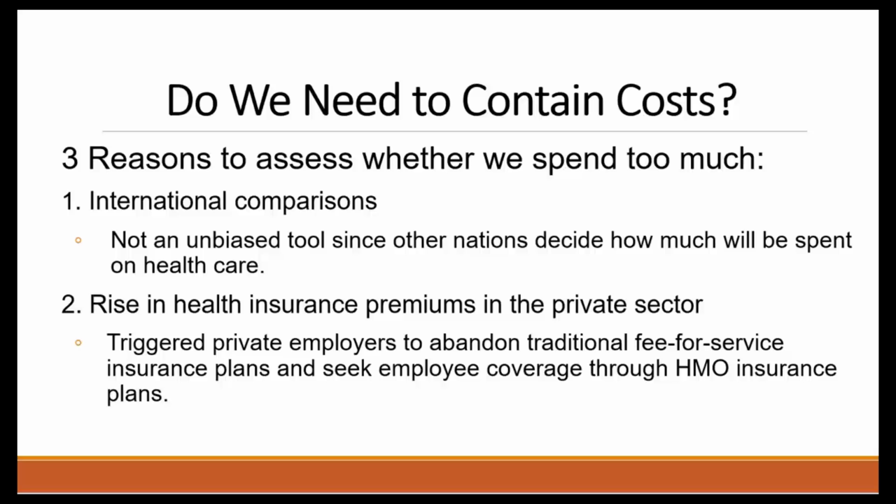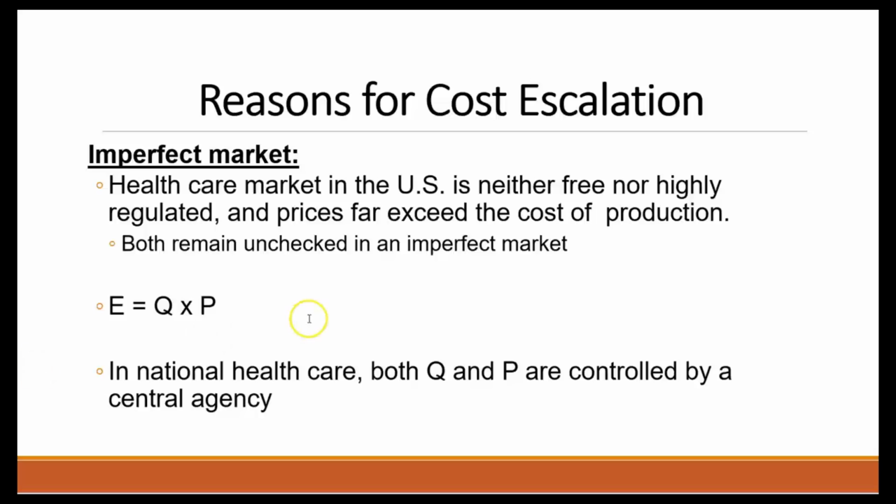Next, I want to briefly discuss how both prices and quantity of healthcare are higher here in the US than they would be in a highly competitive market. So I want us to jump to slide 21.